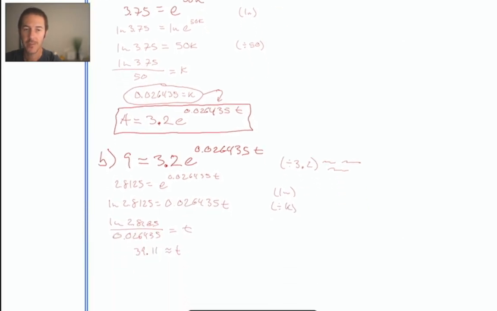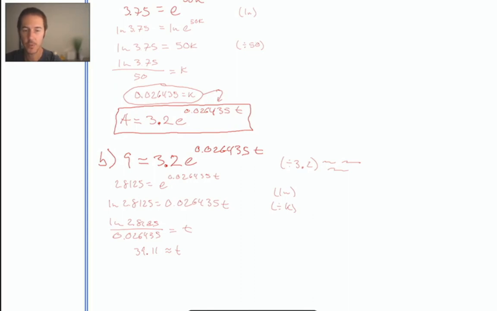Well, at the beginning of the year 2039, our population was not yet 9 million. We had to go 11% of the way into the calendar year before the population was supposedly going to reach 9 million. But if you have to answer using a whole year, then we might need to round 39.11 up to 40 and say that at the beginning of the year 2040, the population will have reached 9 million. But at the beginning of 2039, it will not quite be there yet.